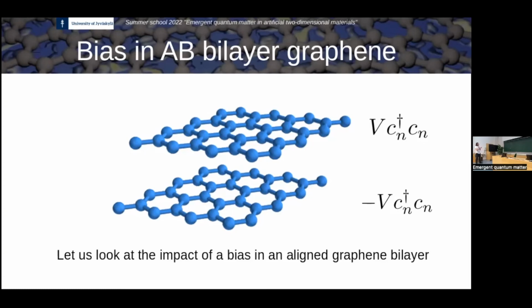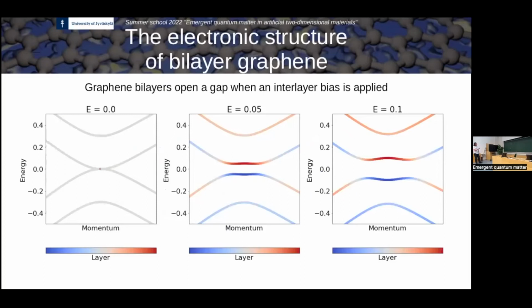If we think about an AB bilayer in which we apply a bias, we actually have something pretty interesting. The electronic structure of the AB stacked bilayer is what you see here on the left. You have your parabolic dispersion, which is gapless, and a massive chiral term, as it is called.